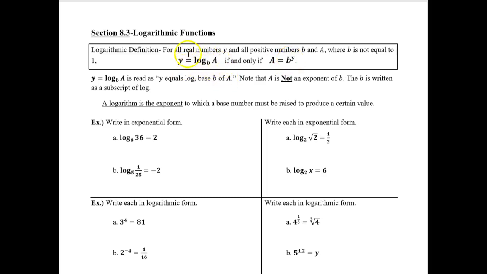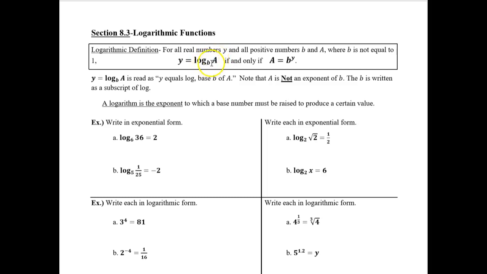As I already said, this is read as y equals log base b of a. This is not b to the a exponent. B is the base, and a is not an exponent. It's a subscript.